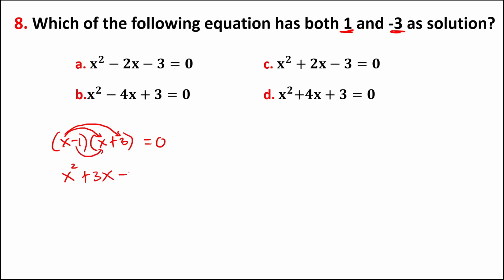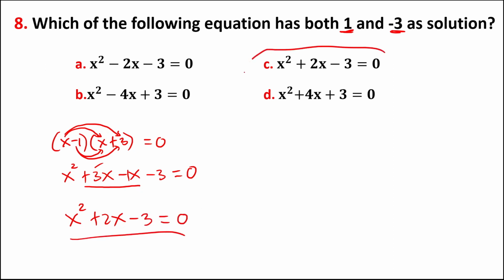Negative 1 times x, that's negative x. And negative 1 times 3, that's negative 3, then equals 0. Then combine these like terms. So we have x squared, positive 3x minus x, that's positive 2x, minus 3 equals 0.